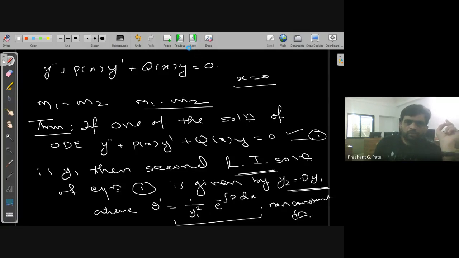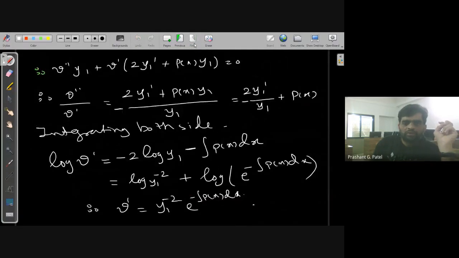As I told you, to prove that two functions are linearly independent, you have to start with the linear combination c1y1 plus c2y2 equal to 0, and we have to show that any one of them is non-zero.